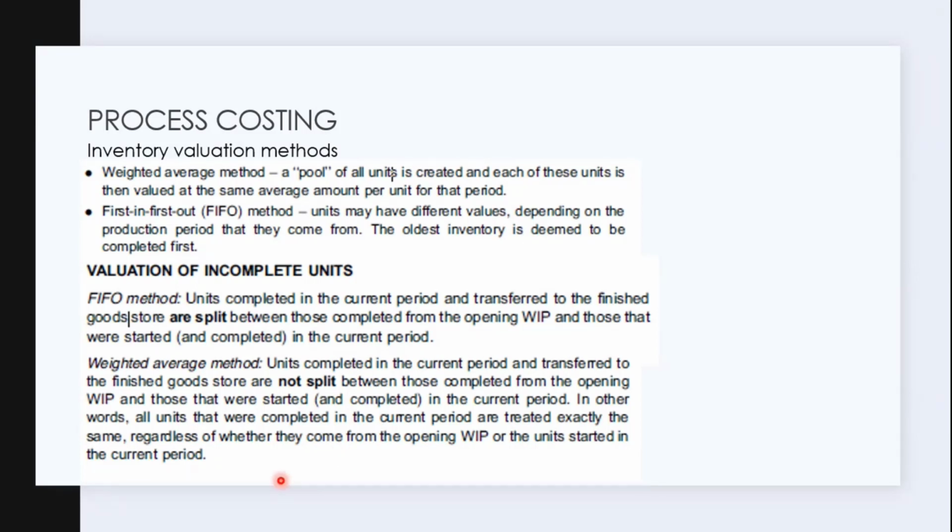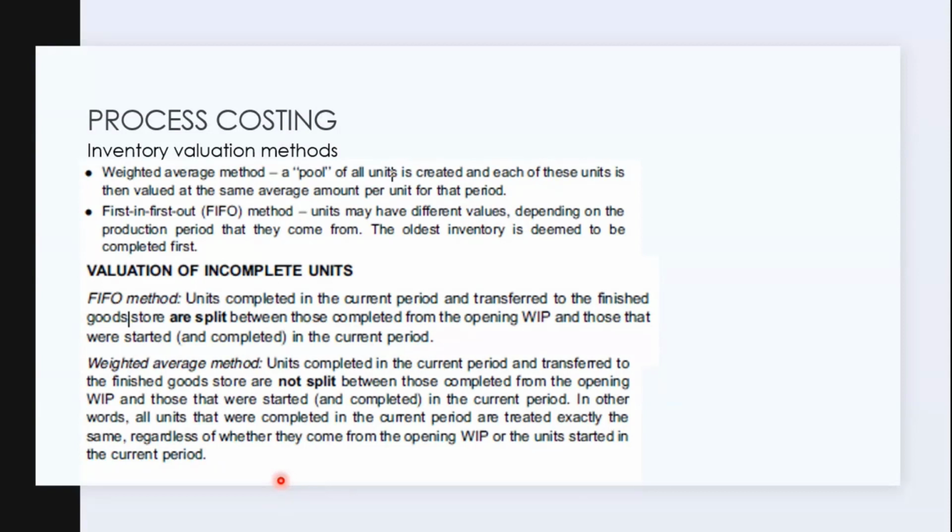With weighted average, we recognize they all have different values, but to get the cost per unit we do an average: you take the total cost divided by the units. You're weighting it, it's a pool. But with first in, first out, yes, they're different values, and the oldest one is the first one we think would be sold, completed.